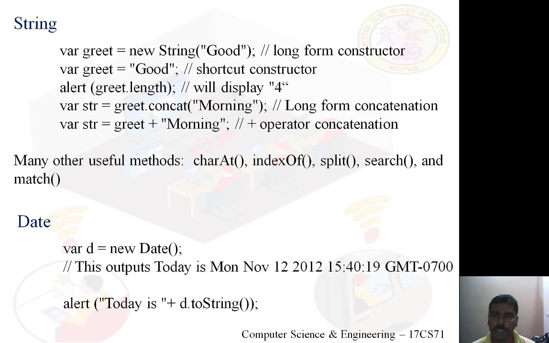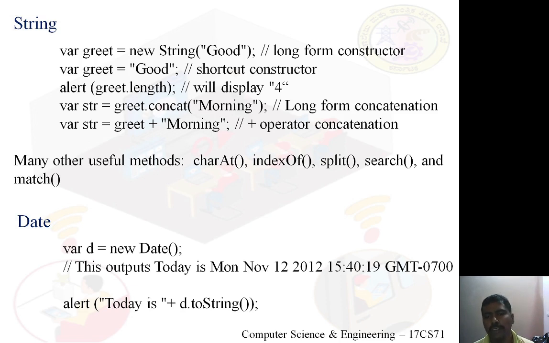A string object has some value, and to concatenate with some other value there is a method known as concat, defined in the String class, and it can be accessed using the dot operator. Even plus can be used for concatenation.